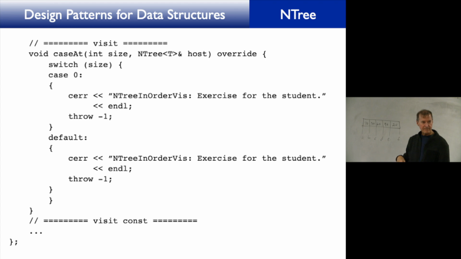So the 0 size? Yes. That's the way the switch statement works in C++. Does everybody, yeah, question? Okay, so the question is, could we have set up the B-tree CSV this way?